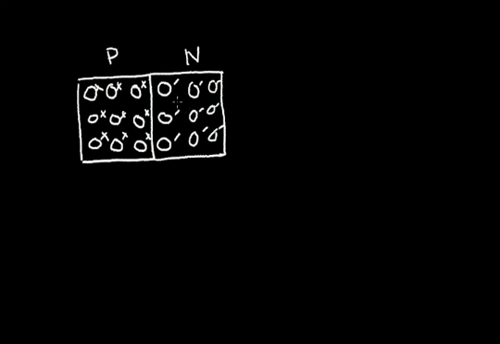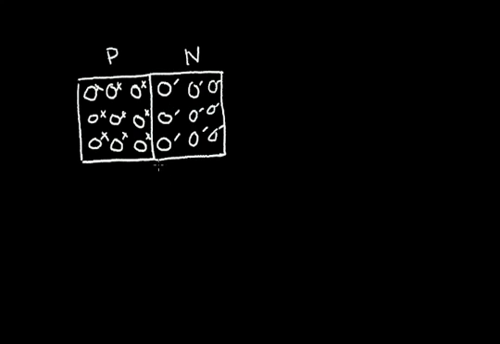So when I put these two regions together, in the n material, I have an excess of free electrons that can move around. In the p-type, I have an excess of holes that can move around. Now when I put these two regions together, there's a process that occurs.